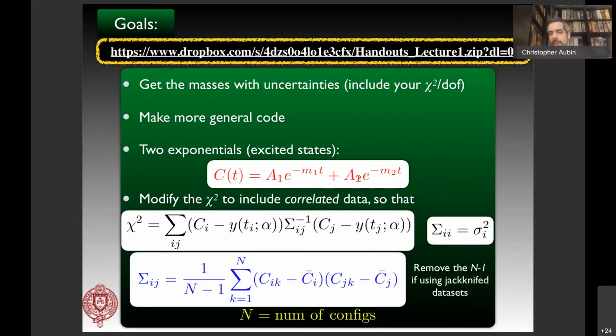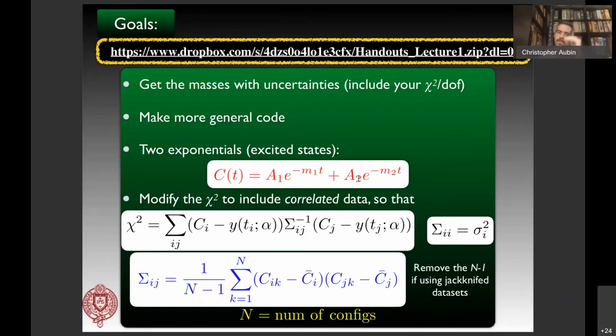Probably the most important thing is to modify the chi-squared in order to be able to fit correlated data. You've already done jackknifing to take care of the correlations among the different configurations. But what about the correlations between different time points in our correlator? If the t equals 2 point goes up a little bit, then it's likely that's going to affect the t equals 3 point.